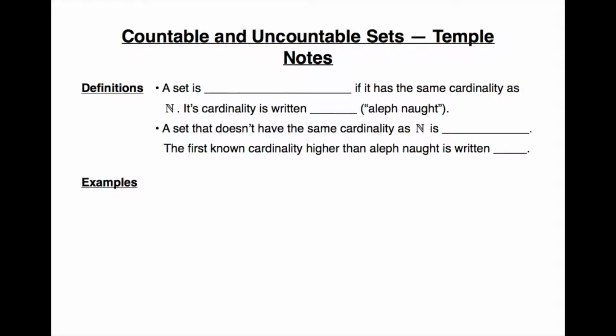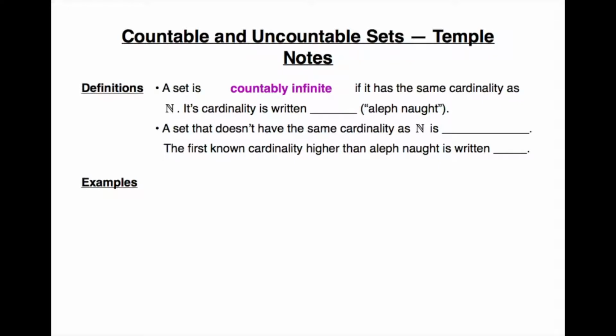In this new section, we'll continue to discuss the discoveries from the previous sections, and we'll start right away with two definitions. A set is called countably infinite if it has the same cardinality as N. And we have to introduce a new symbol here.